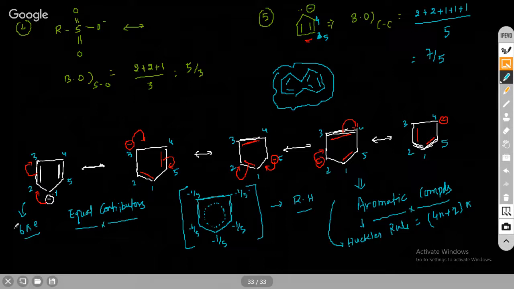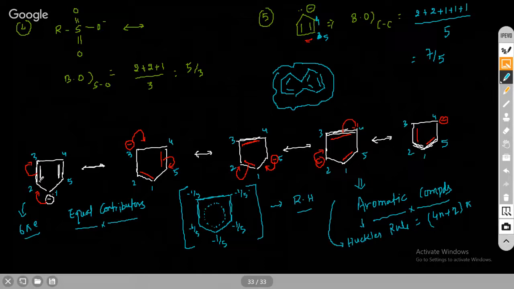So when you draw these resonating structures, you can calculate the bond order, and whatever the bond order of the 4 and 5 carbon we have, that will be the bond order of all the carbon atoms. Why? Because equal resonance is there, equal contributors are there. 1 and 5 also you will calculate, you will see the same values, 7 by 5.